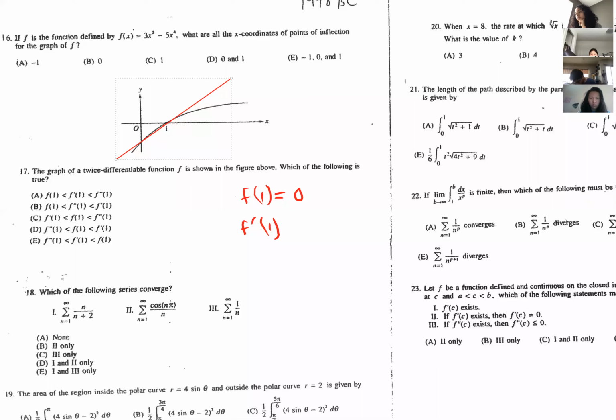Is that positive or negative? Positive, isn't it increasing at x equals 1? So this is a positive number. What's the concavity at x equals 1? Is the graph concave up or down? Down, it makes a sad face. It's increasing at a decreasing rate.